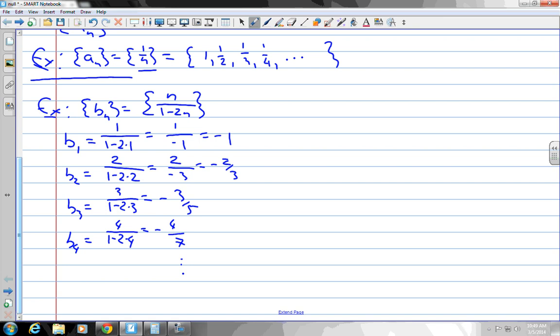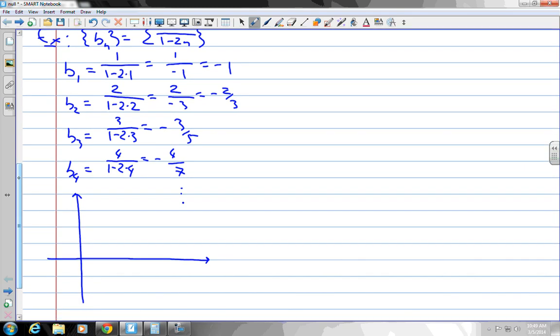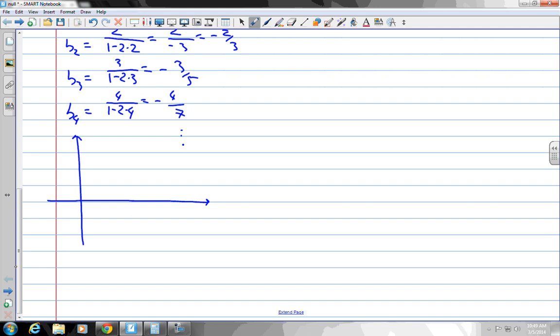Is that okay? Graphically speaking, all we have here is a bunch of dots, really. If I plot these points, 1 is the independent, negative 1 is dependent, so I have this point right here, 1, negative 1. Then I have 2 and negative 2/3, so let's call it that point. And then I have 3 and negative 3/5, so let's call it that point.